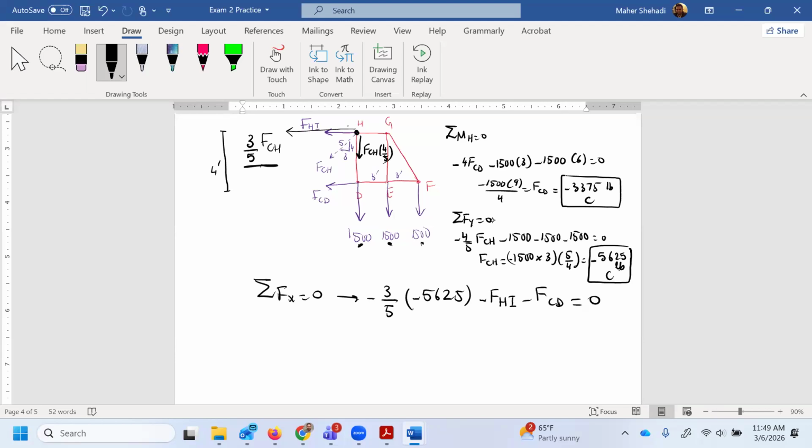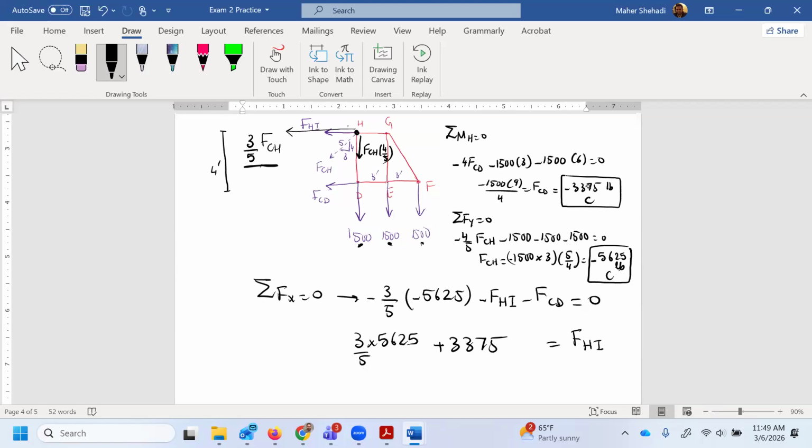So let's take it to that side. FHI, that's equal to here 3 times 5625 over 5. And then plus, minus FCD, but FCD is minus 3375. So it's plus 3375.